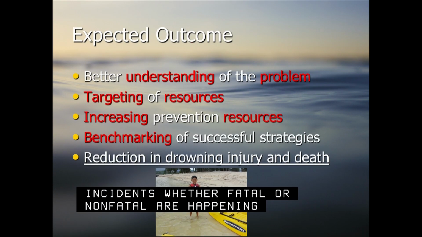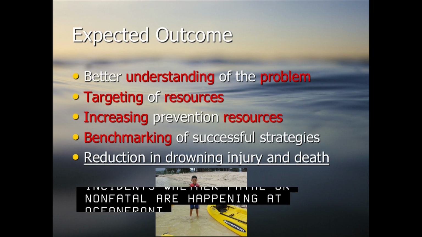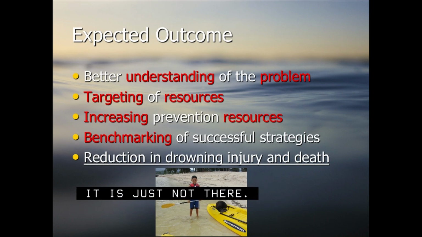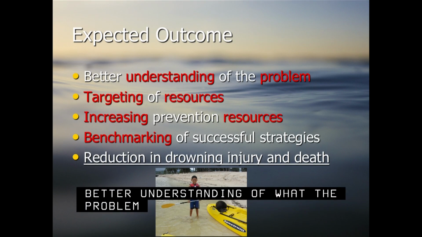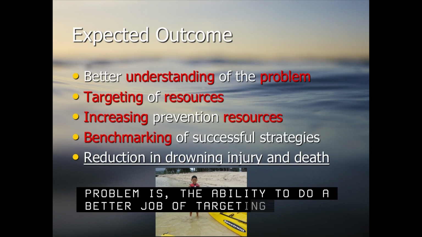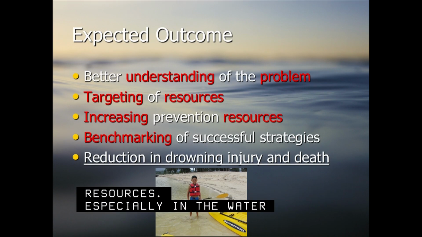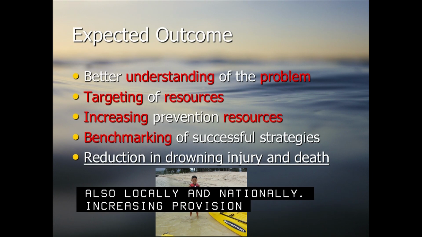So what would be the benefit of this? Better understanding of what the problem is out there. The ability to do a better job of targeting resources, especially in that National Water Safety Plan, but also locally and nationally. Increasing prevention resources. The data is essential to get people's attention. Benchmarking of successful strategies.